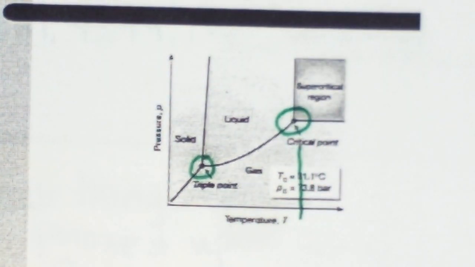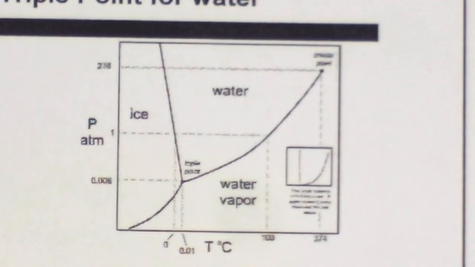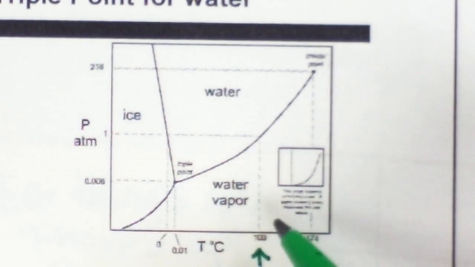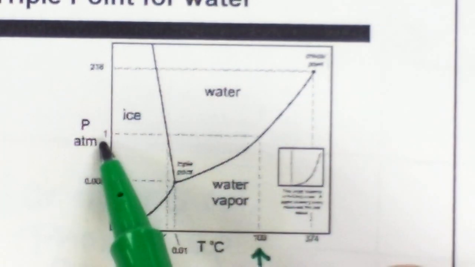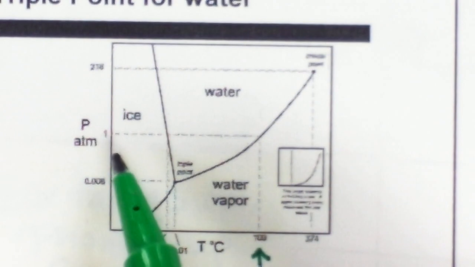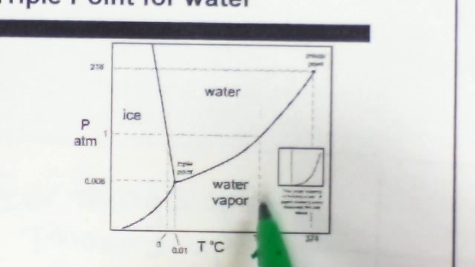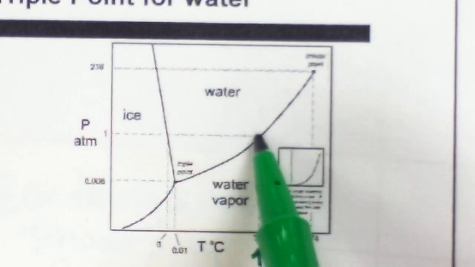Now let's take a look at one of these graphs for something that we actually recognize, which is water. So this is water vapor. Now, water vapor, in particular, we can look at right here, which is 100 degrees Celsius. And at 100 degrees Celsius, we can go up to 1 atm, which is where we live at 1 atm. And we can see that at 1 atm, 100 degrees Celsius, we're right here.